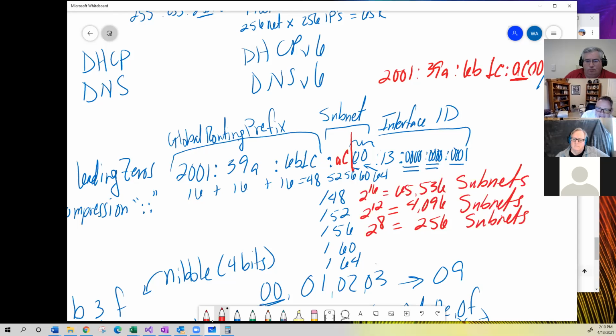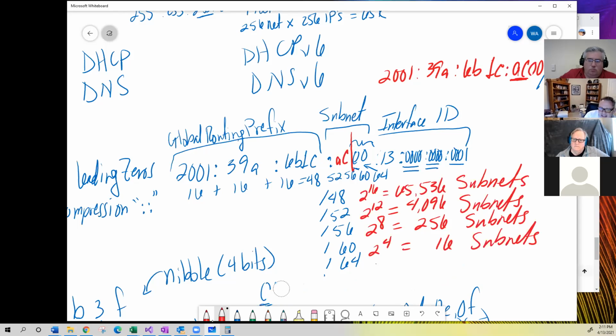So he might actually get 256, because a /60 then is only 2 to the 4, right? And the final /64 there, okay. After the /60 is 2 to the 0, which equals 1 subnet.